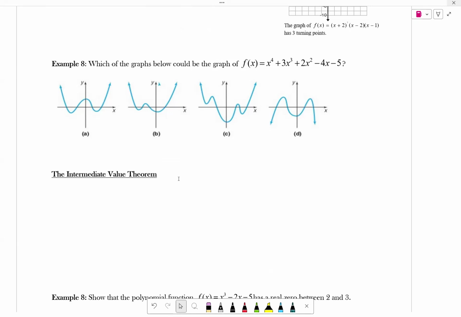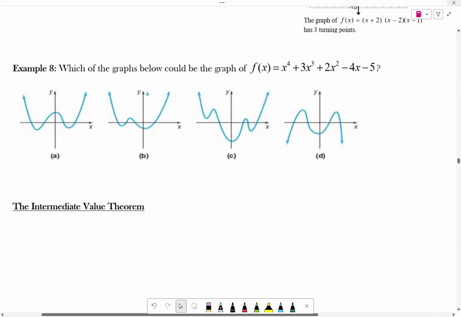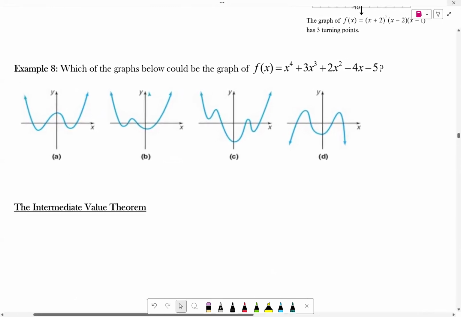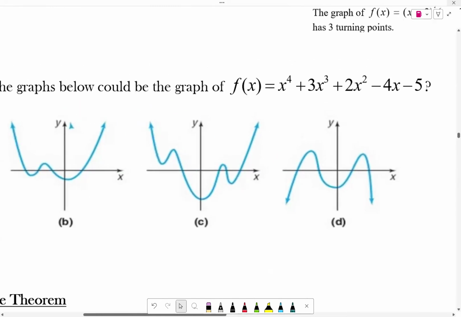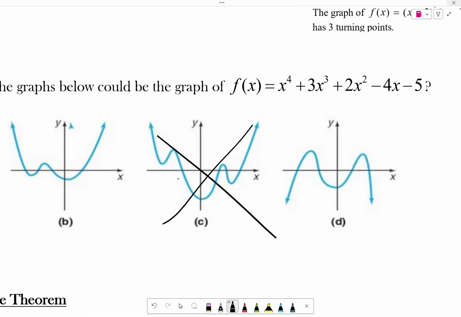Would someone like to tell us what they think it is and why? Did you cross out C? First of all, you cross out C because it has 5 turning points. If it's fourth degree, then the most it could have is 3. So there's not a whole lot of work to be done.